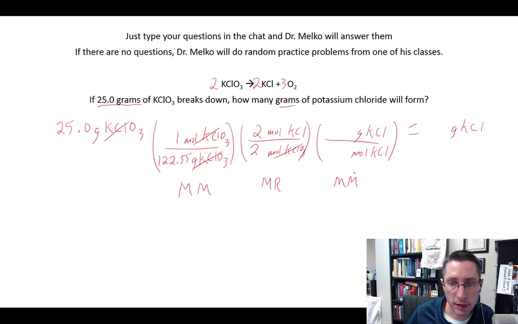And I can get that into grams of KCl by using the molar mass of KCl, which I should get at 74.55. And I obtained 15.2 grams of KCl.